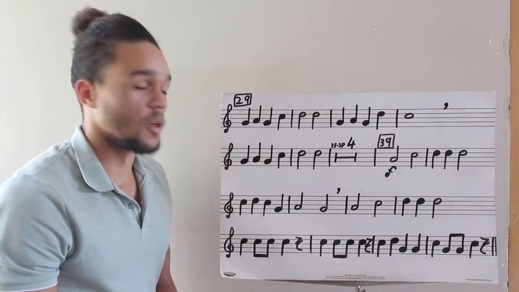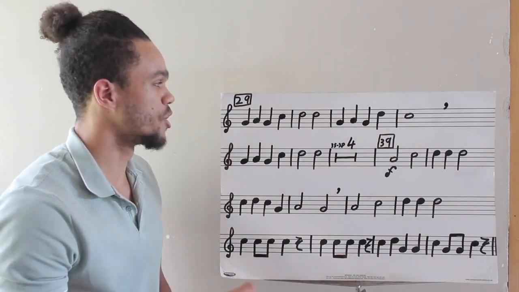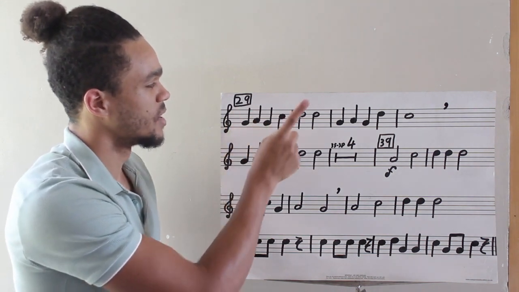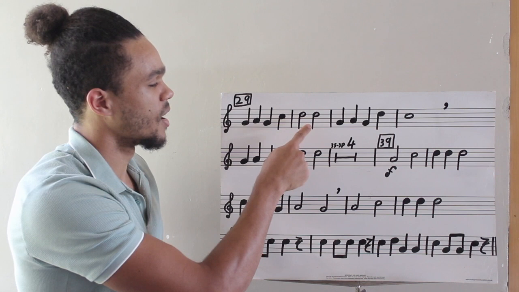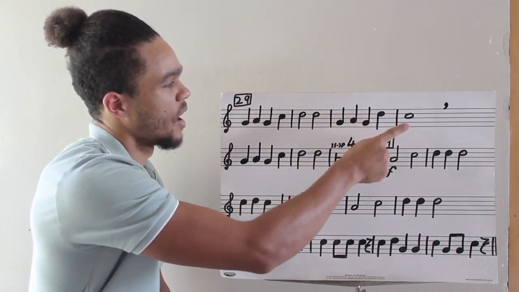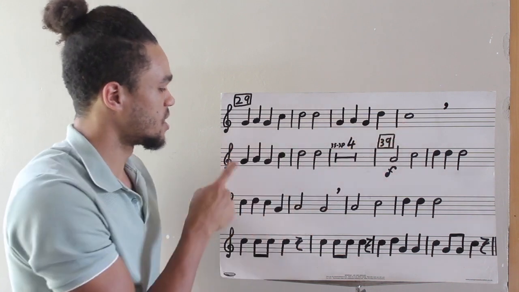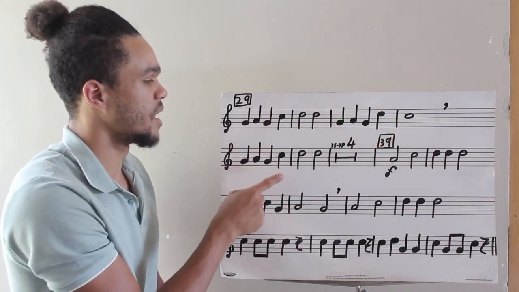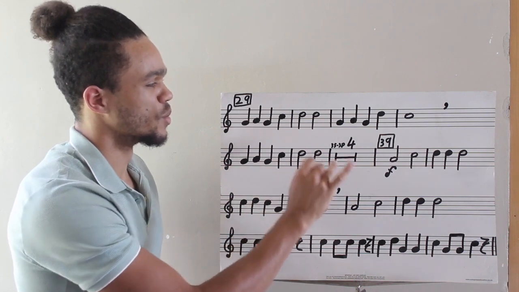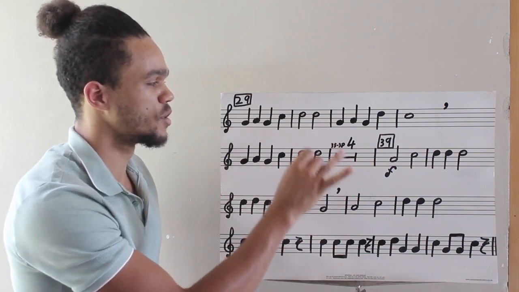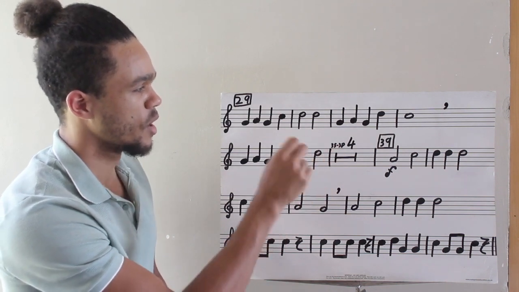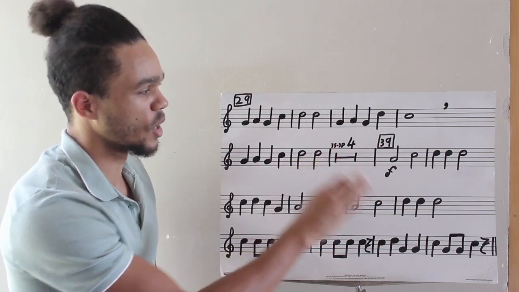So let's count our rhythm. 1, 2, 3, let's go. Ta, ta, ta, ta. 1, 2, 3, 4. 1, 2, 3, 4. 1, 2, 3, 4. 1, 2, 3, let's go.